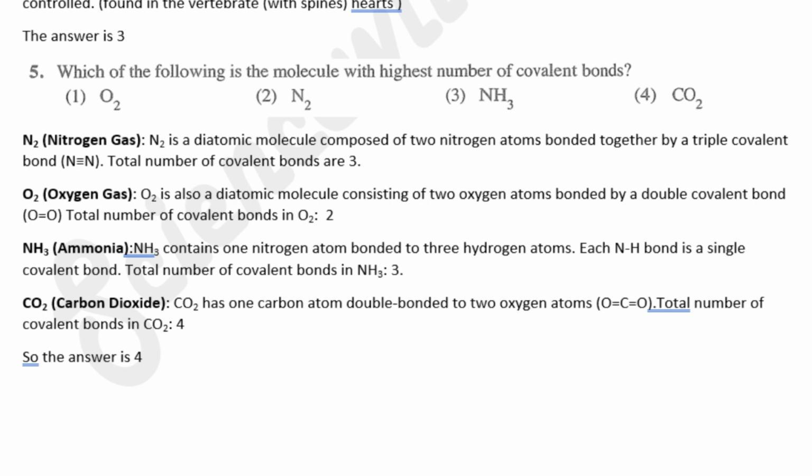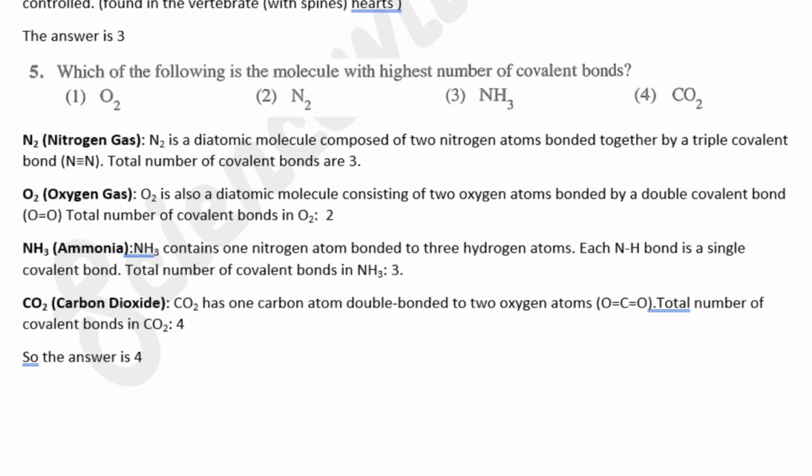And then we have N2, nitrogen. It's a diatomic, as you can see here. In the Lewis structure, there are three bonds in nitrogen gas: nitrogen, three covalent bonds, and another nitrogen. Then we have ammonia. Ammonia, NH3, contains one nitrogen atom bonded with three hydrogen atoms. All these three bonds are covalent, so we have a total of three covalent bonds.